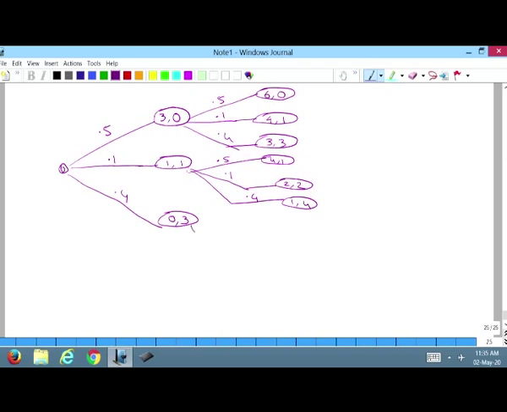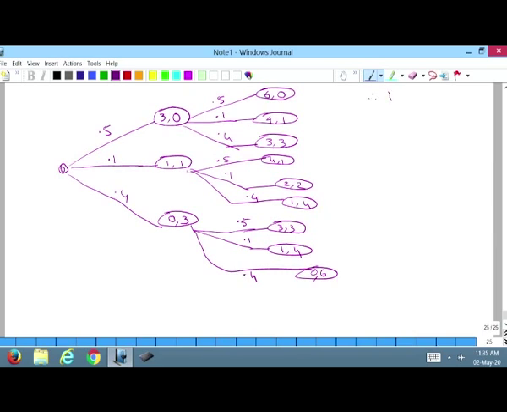From 0, 3 with 0.5, it is going to be 3, 3. With 0.1, it is going to be 1, 4, and with 0.4, it is going to be 0, 6.